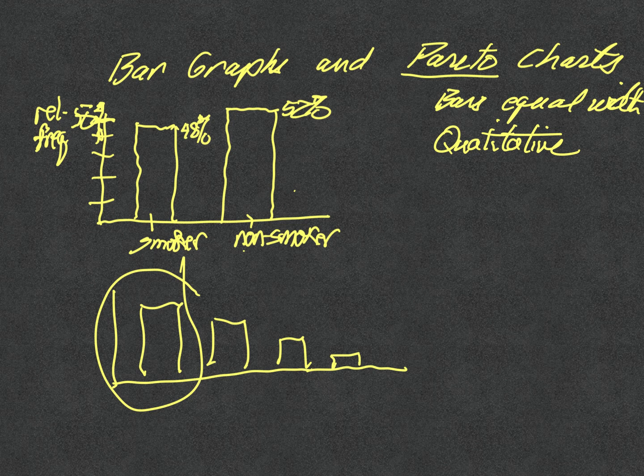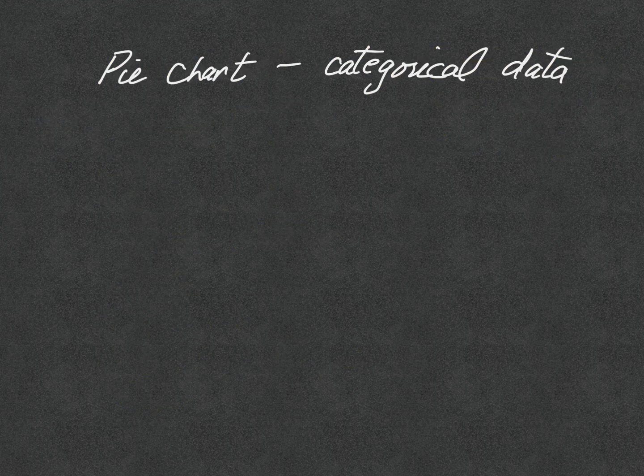Okay? So, next slide. Now, I would say bar charts and pie charts are used often, and they're used, of course, for categorical and qualitative data. And with a pie chart, what happens is you take your groups.